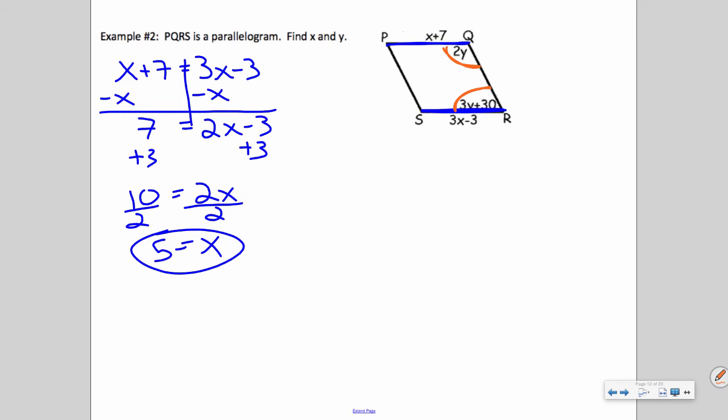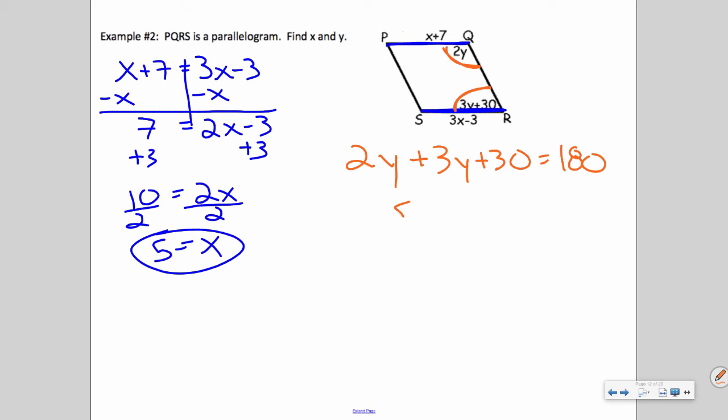So those represent angles. The trick with this is, are the angles across from each other or are they on the same side? In this case, they're on the same side because they're along that QR line. So angles along that same side add up to 180 degrees. So I'm going to do 2y plus 3y plus 30 has to equal 180.